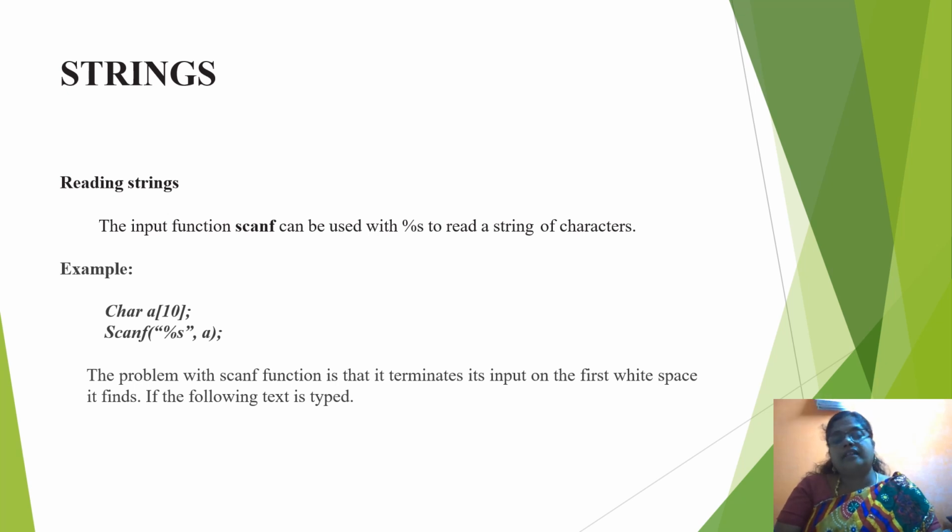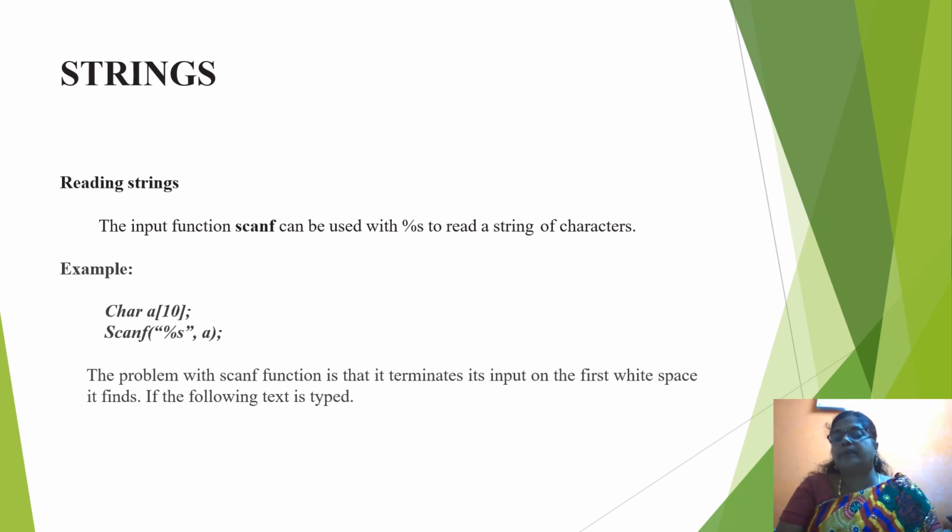Reading strings. The input function scanf can be used with %s to read a string of characters. Example: char A[10]; scanf("%s", A). So it gets the input of character elements. The problem with scanf is that it terminates its input at the first white space it finds.